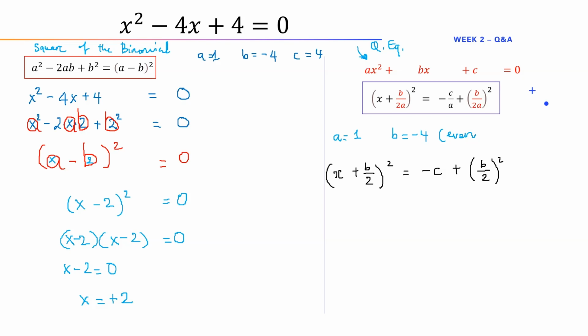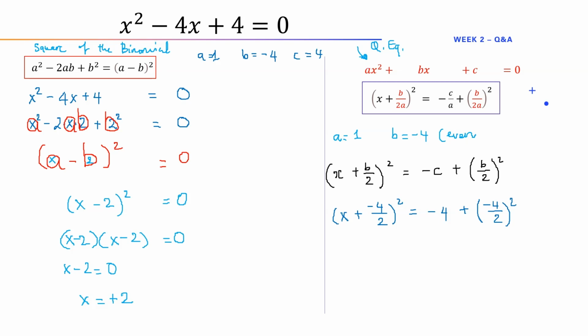Now we plug in: x plus b is negative 4 over 2 squared equal minus c. C is 4, so minus 4 plus negative 4 divided by 2 squared.